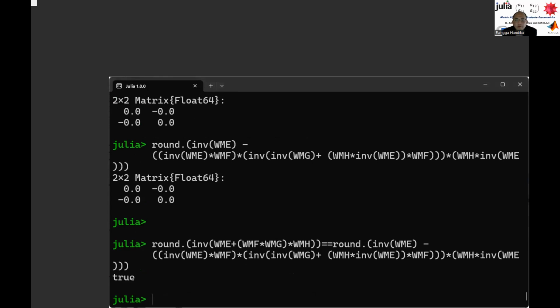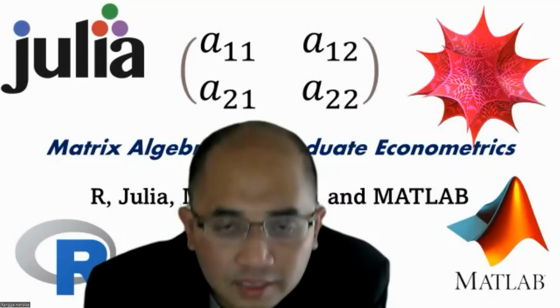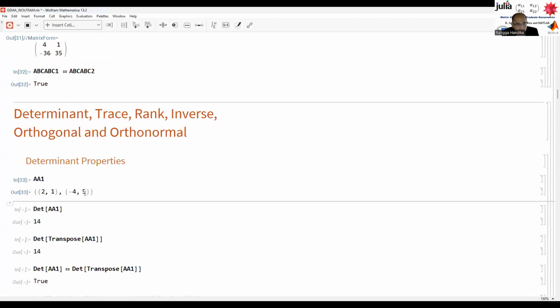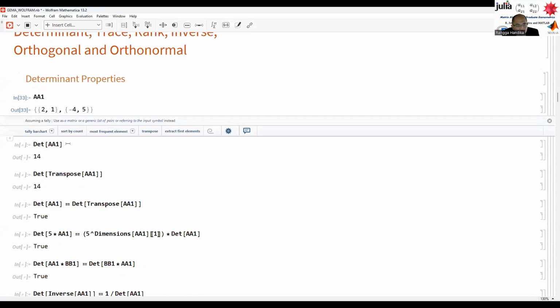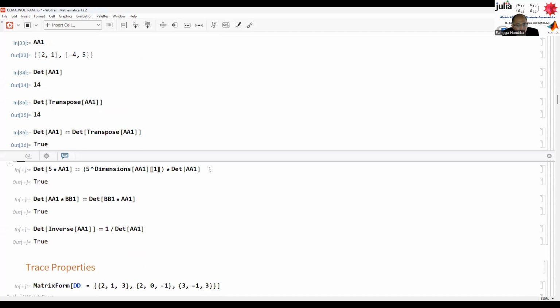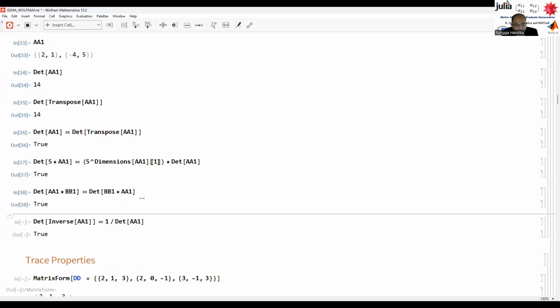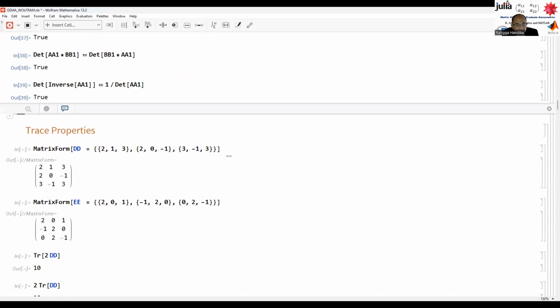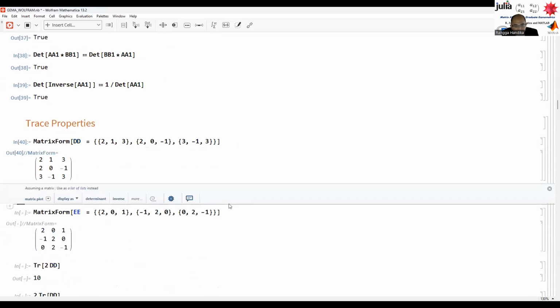All right. So the next is Wolfram. Let's see. Determinant property, you can see this determinant. And then the determinant of the transpose, you can see, yeah, it's clear. However, sometimes you need to write something long like Dimensions, then Inverse, Trace. Okay, trace is Tr, the same.